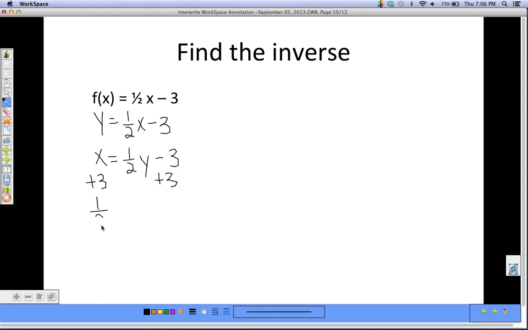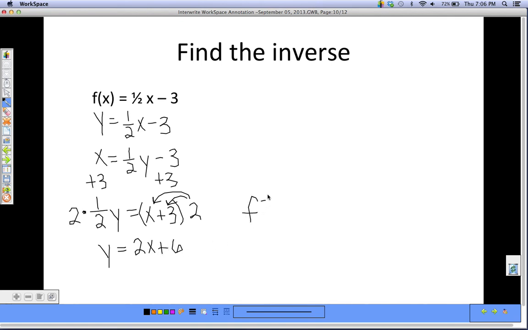I'm going to go ahead and put my y on our left-hand side. All right, and think of this like division. We need to get rid of the 1/2, so we've got to multiply both sides by 2. Now, notice I put parentheses around our x plus 3. We need to distribute this 2 in, because we're multiplying both things on that side by 2. And then finally, inverse notation.